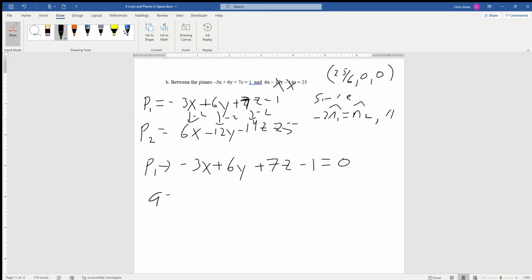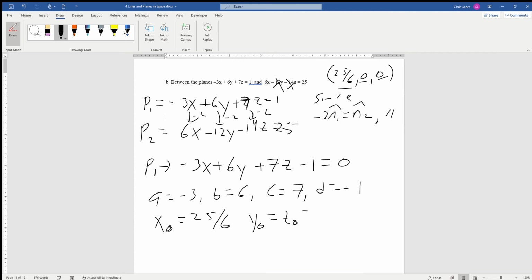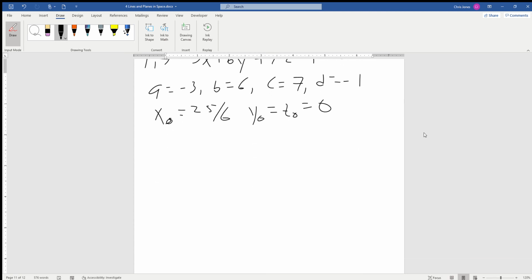And finally, we get that a is negative 3, b is 6, c is 7, d is negative 1, and then x naught is going to be 25/6, which is the first point, and then y naught and z naught are both 0. And now we're just going to throw all of those back into our formula.